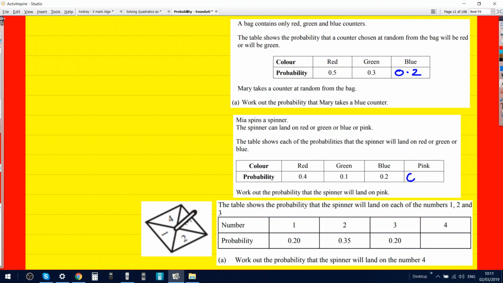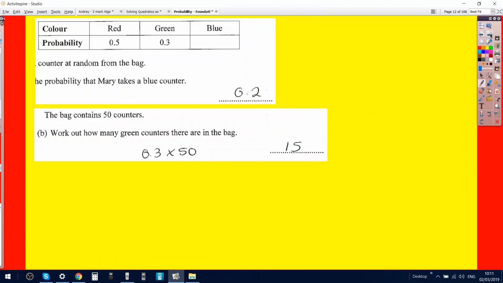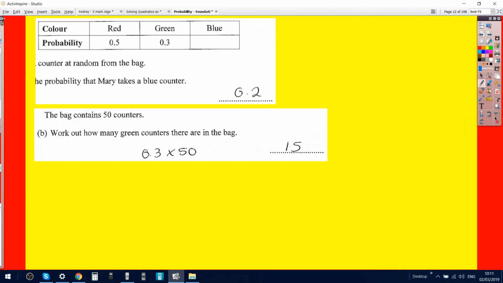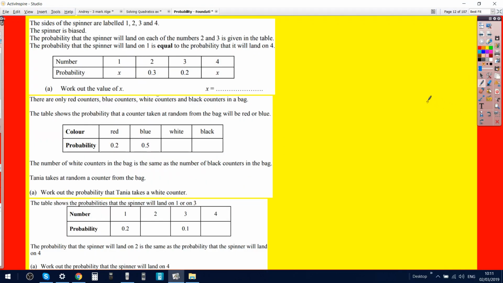Yeah, last one. 3, 4. 7, 5. Would it be 0.25? Looks like it. Yep. That's it. Oh, sorry. Yeah, that's that. Okay, I just put in the wrong answers, I think. Oh no, one wrong answer.